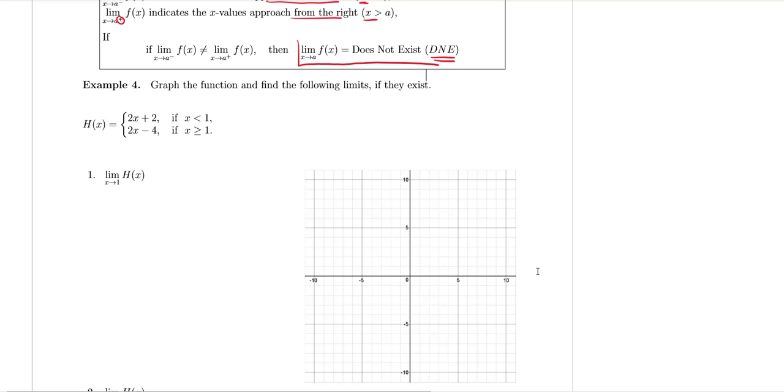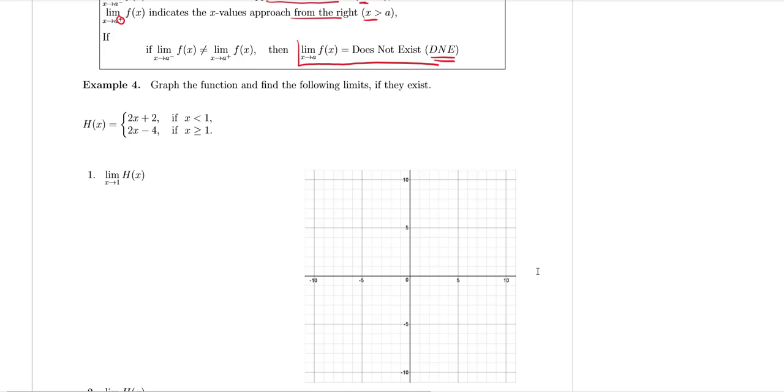So let's take a look at example 4, where it's asking us to graph the following function and evaluate the limits if they exist. So the function here is h of x equals the piecewise function 2x plus 2 if x is less than 1, and 2x minus 4 if x is greater than or equal to 1.